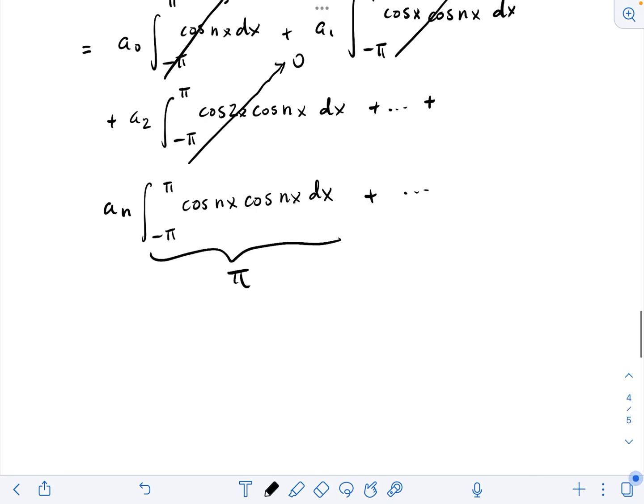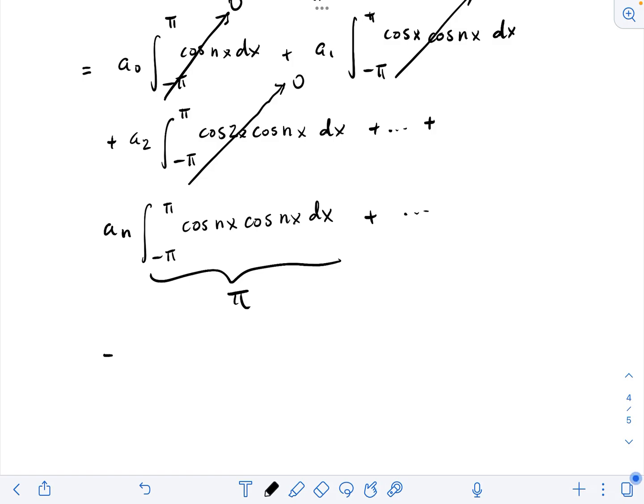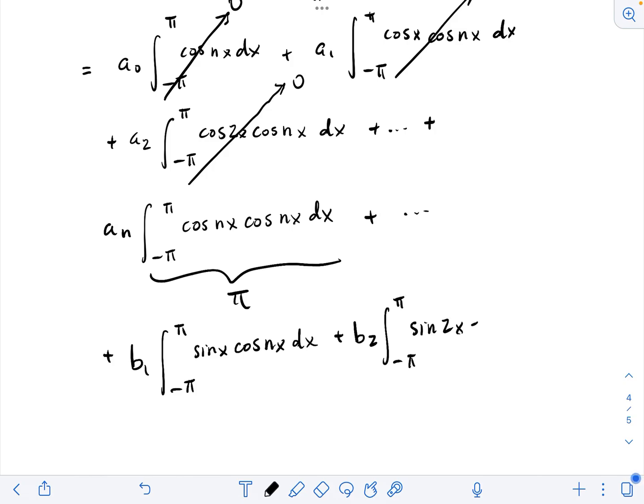But then we also have to look at b1 integrated from minus pi to pi of sine x cos nx dx plus b2, the integral from minus pi to pi of sine 2x times cos nx dx, and a bunch of other terms.